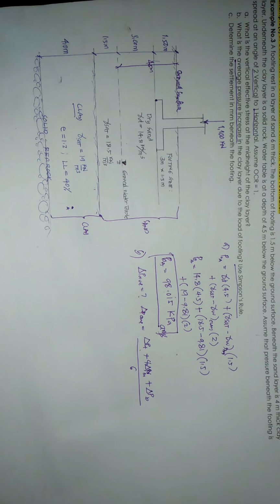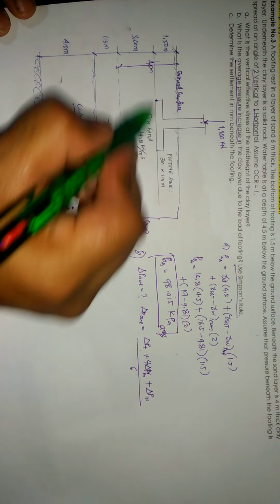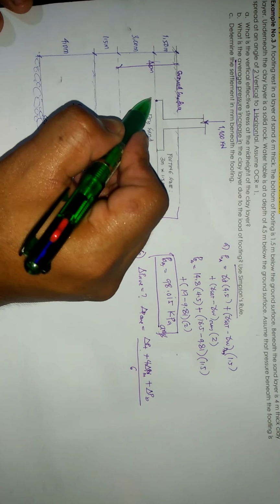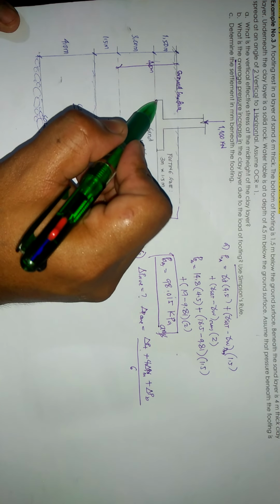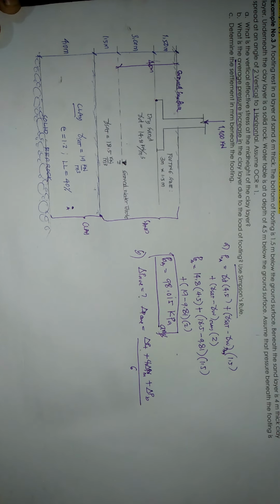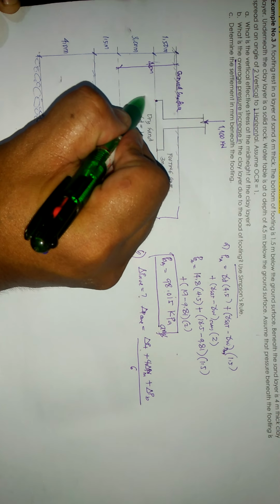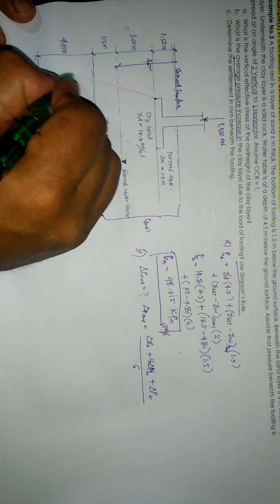Now, ano yung gagawin natin? Our basis from here would be your, ang basis natin dito is the base of the footing or the bottom of the footing. Yun yung start mo. That your increase, that yung pressure natin increase varies or they varies parabolically. Yan. O, let's assume ito na siya. Yan.